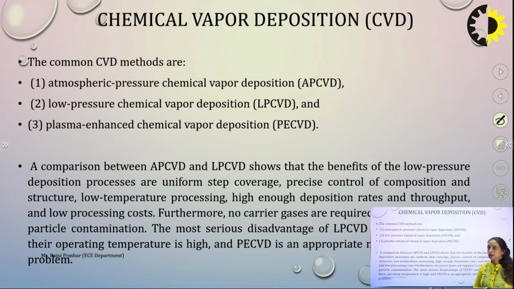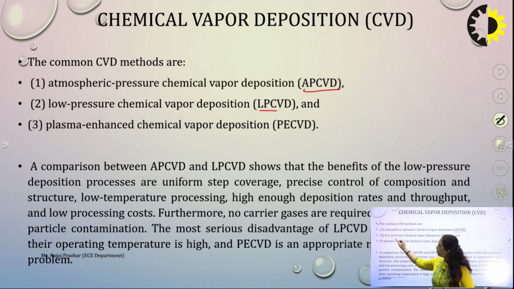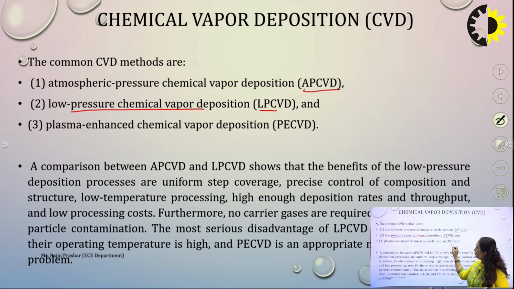So the next process under deposition is chemical vapor deposition. It is a very important process. This process can be classified as atmospheric pressure chemical vapor deposition, named APCVD, then LPCVD, which is abbreviated as low pressure chemical vapor deposition, and PECVD, that is plasma enhanced chemical vapor deposition.